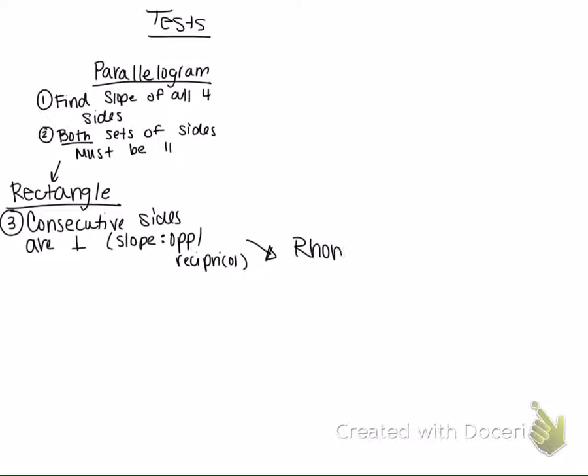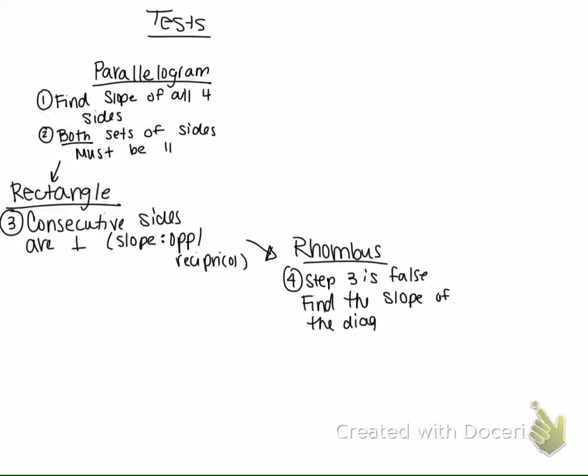So if this is false, I'm going to put that as a 4, sorry. Step 3 is false. Find the slope of the diagonals. So if step 3 is false, you're going to find the slope of the diagonals.